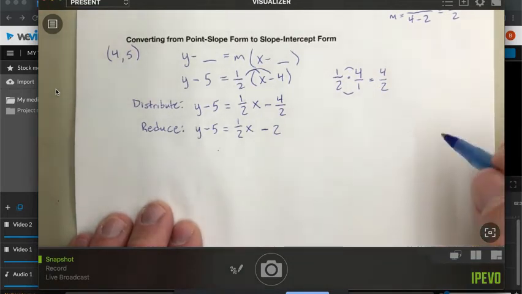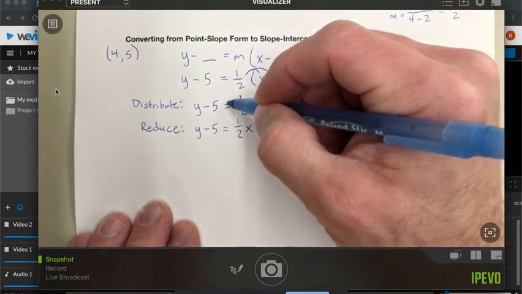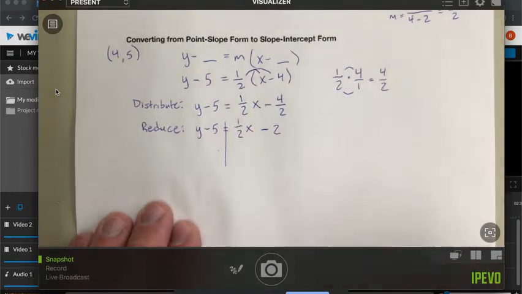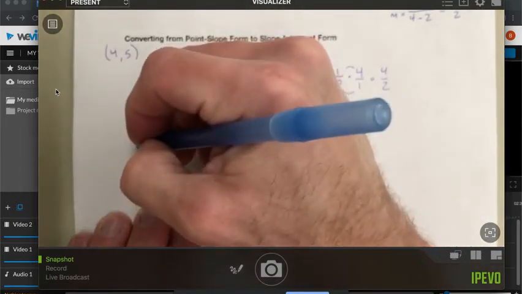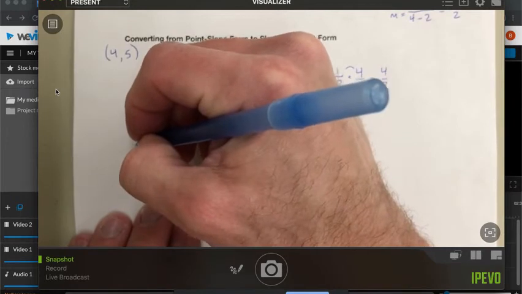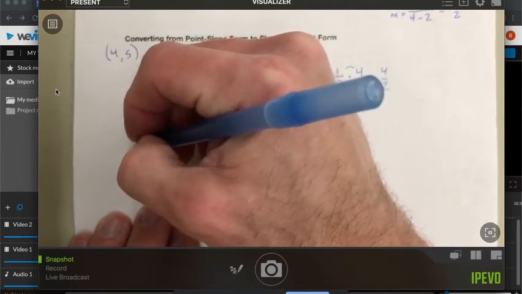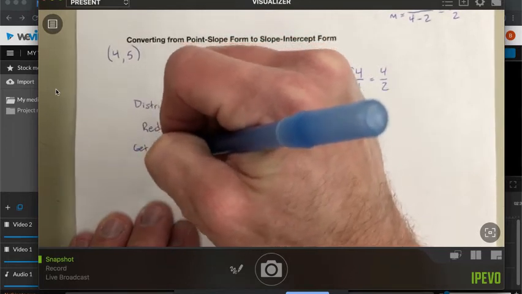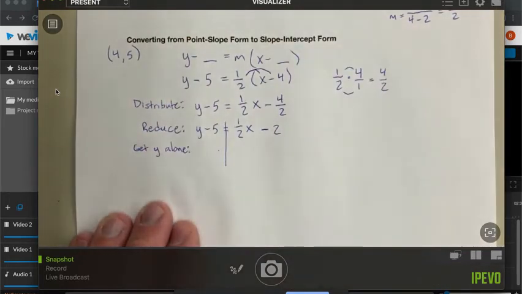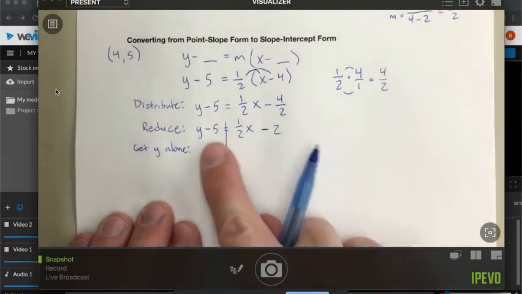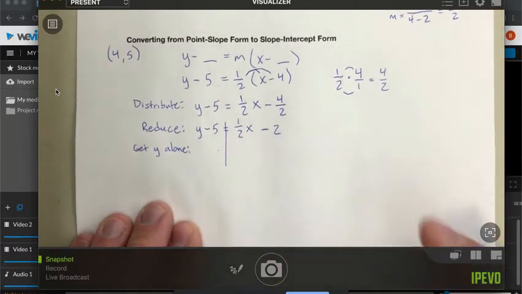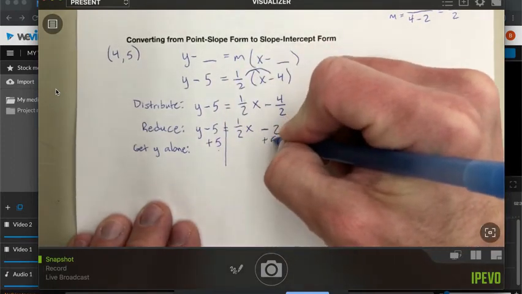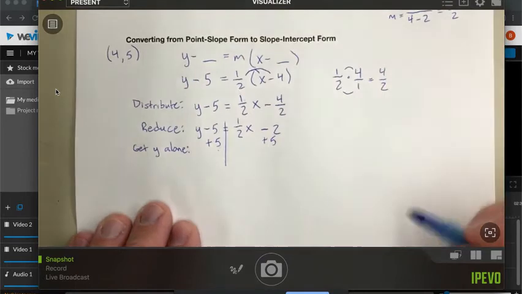All right. And now, let's say I have my two sides. I'm going to say this step is get y alone, meaning there's this minus 5 that I don't want. So all I'm going to do is just like you would when you're normally solving: it's a minus 5, so let's add 5 to both sides.